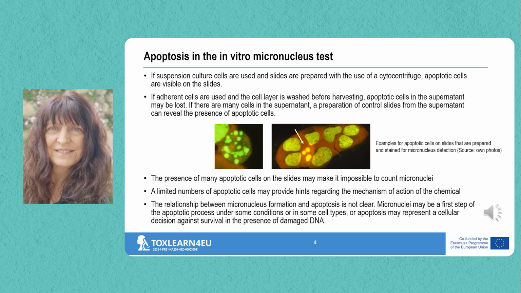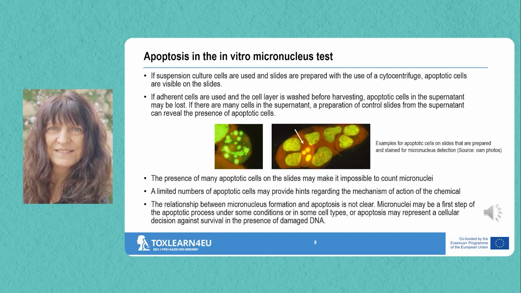They have very condensed DNA, which has a similar shape and size to micronuclei, but they are stained more intensely. The presence of many apoptotic cells on the slides may make it impossible to count micronuclei because their appearance is somewhat similar. A limited number of apoptotic cells may provide hints regarding the mechanism of action of the chemical.